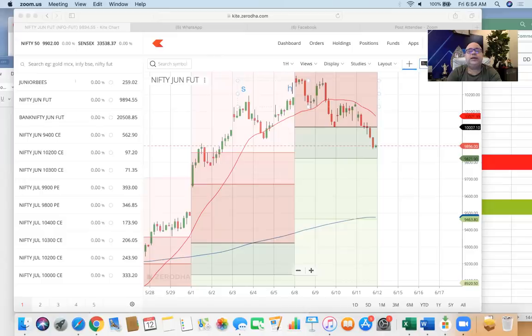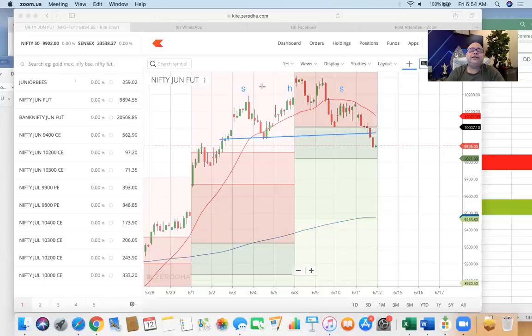This is the head, and this is your shoulder. Okay, and this is your 99.50 neckline.